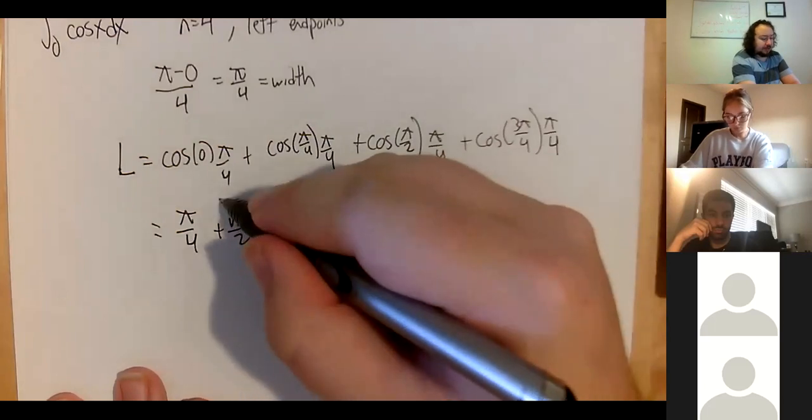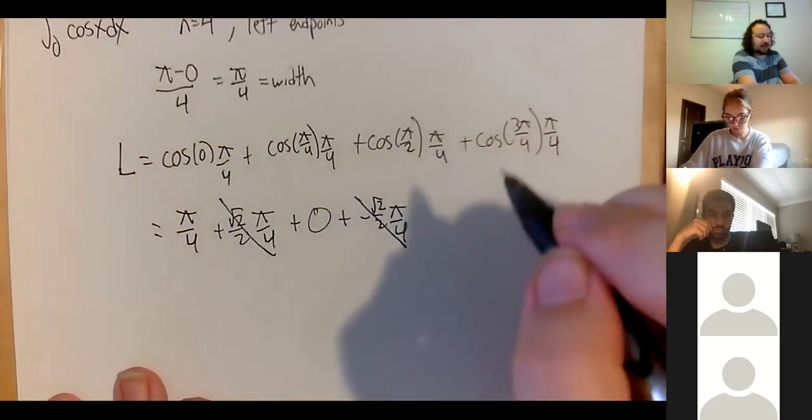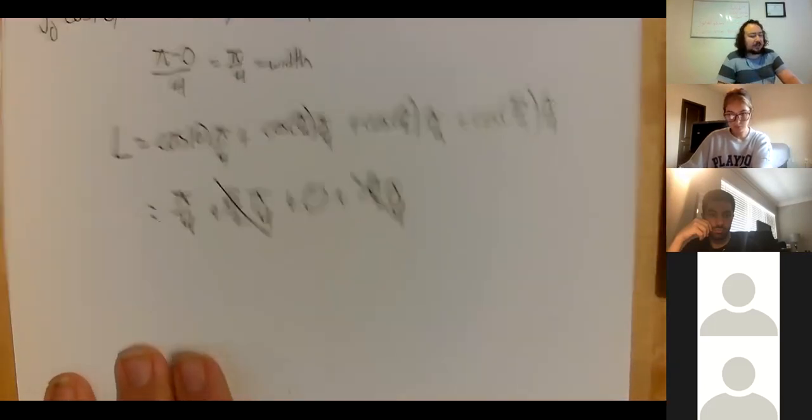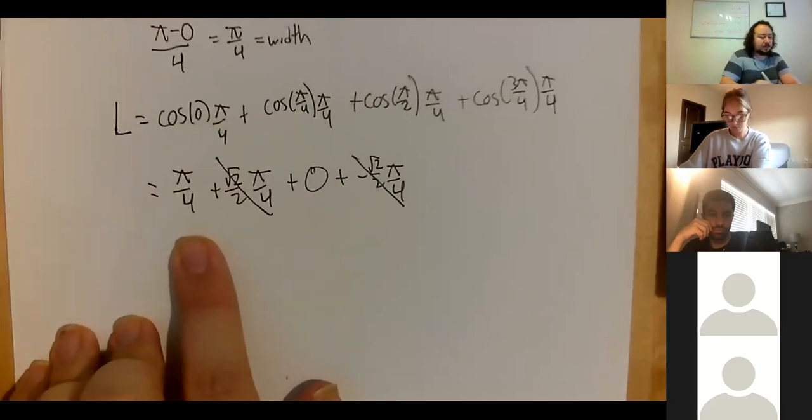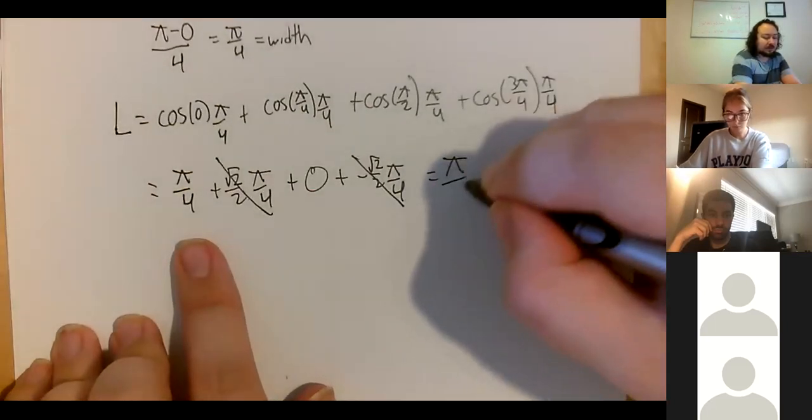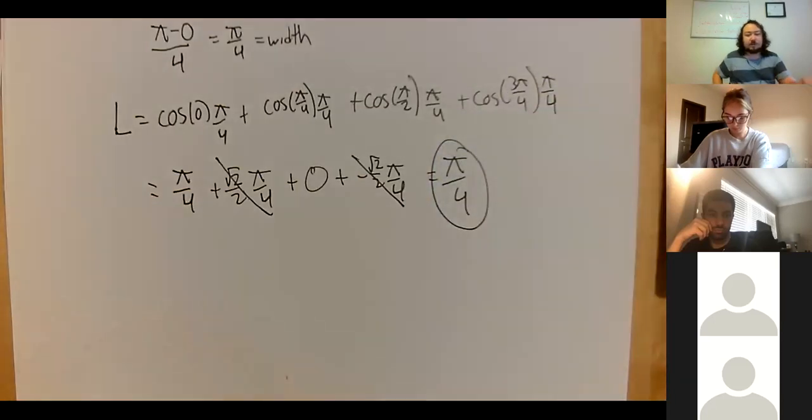Well, this is actually pretty convenient because this and that will cancel out. So that just leaves pi over 4. So it turns out that pi over 4 will be our left-hand Riemann sum for this integral. All right, so we got that one.